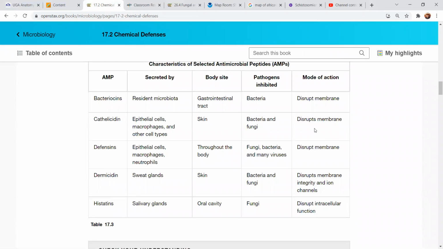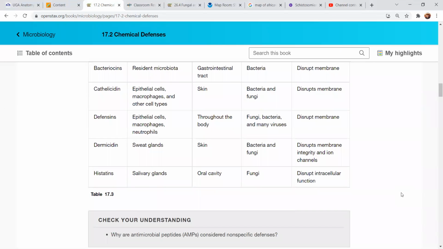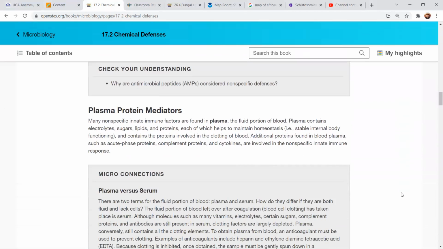So here are just a few examples of these antimicrobial peptides, where they're found, and what they do. You can see that they're effective against different types of pathogens, and they have different modes of action. These are produced by our cells. Again, they're very non-specific. They're just going to target whatever they might find.